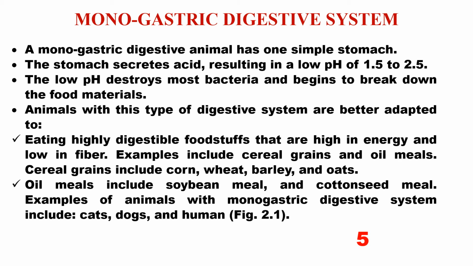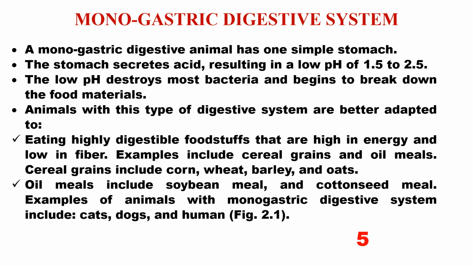Monogastric digestive system. A monogastric animal has one simple stomach. The stomach secretes acid, resulting in a low pH of 1.5 to 2.5. The low pH destroys most of the bacteria and begins to break down the food materials.